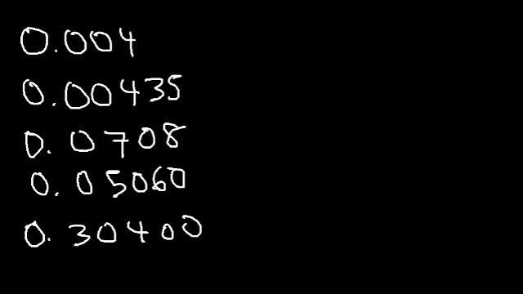Leading zeros, that's zeros to the left of a non-zero number, in this case the 4. The leading zeros are non-significant. So anytime you have a 0 to the left of a 4, a 5, or a 7, it's not counted. So only this number is counted, even though there's a decimal point. So we have 1 sig fig. For the next number, only the 4, 3, and 5 are counted, so we have 3 sig figs.